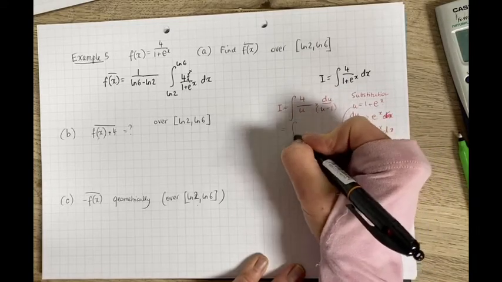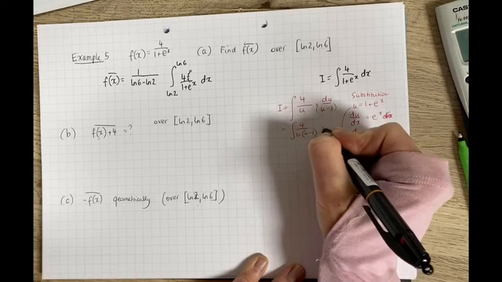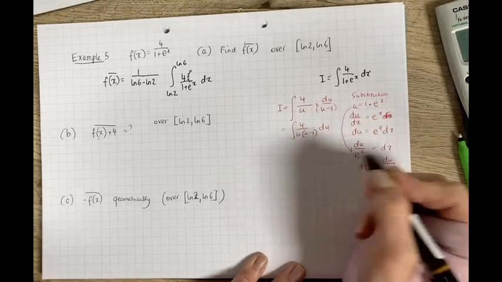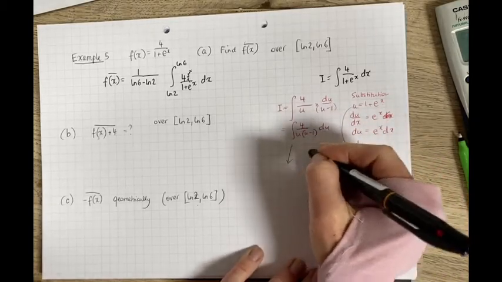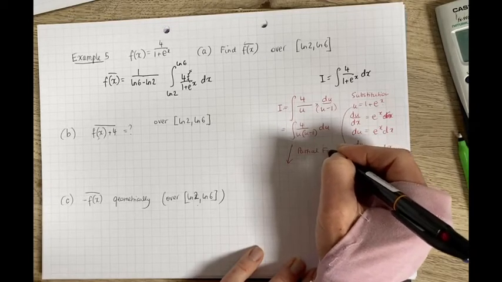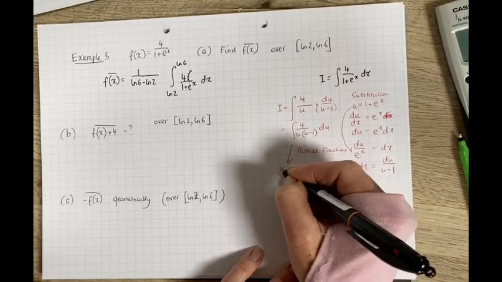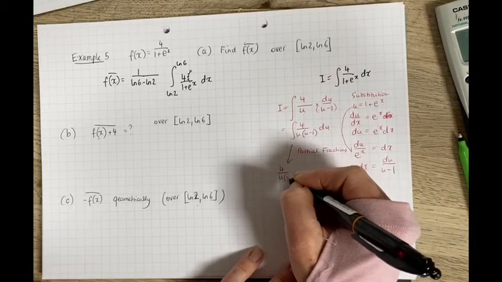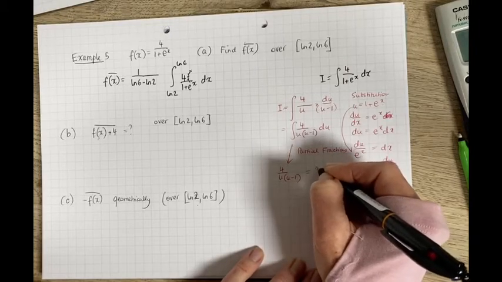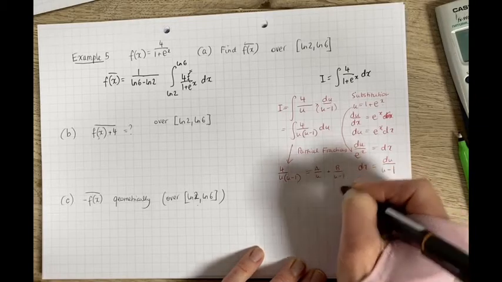So we've got to integrate this fraction. So now we have to use partial fractions. So split it into partial fractions. There are lots of methods here. A over u plus B over u minus 1.